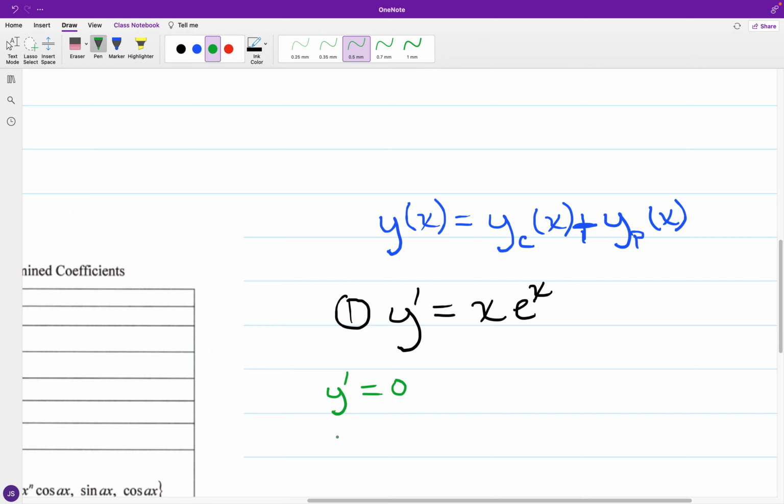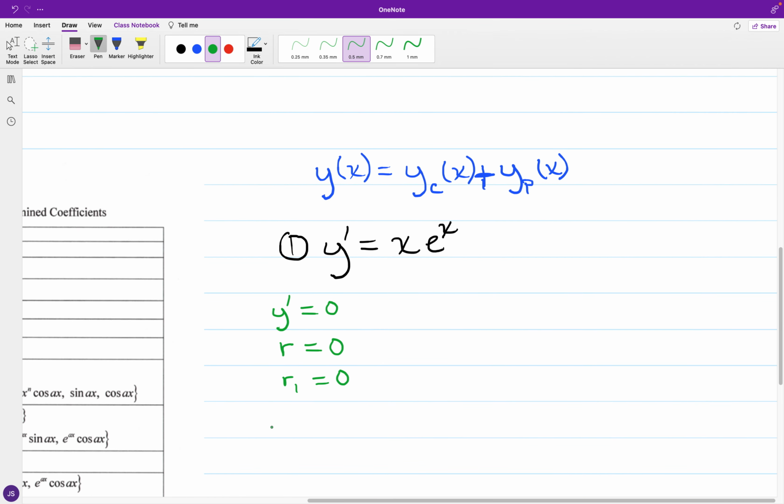Well, if I were to put this in the characteristic root equation format, you have r is equal to 0, and we have only one root, where we would have r sub 1 is equal to 0, and we would have in effect that y is equal to a constant c sub 1. Okay, and so that is going to be the complementary solution. So we have y sub c of x is equal to a constant.